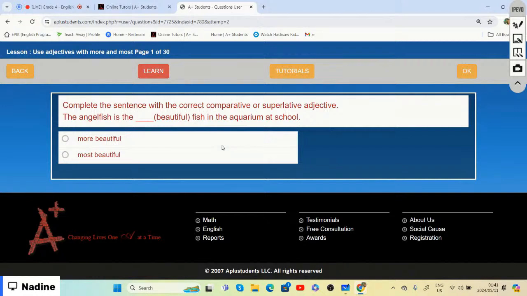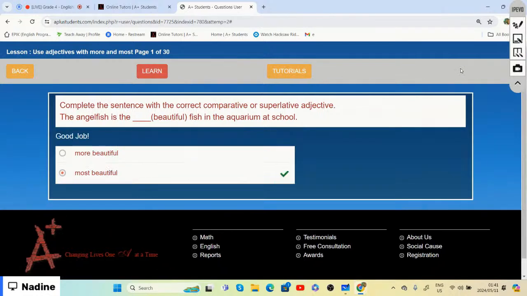If we say the angelfish is beautiful, but in this case, since it is compared to the fish in the aquarium, we're going to say the angelfish is the most beautiful fish in the aquarium at school. So we say the most beautiful.